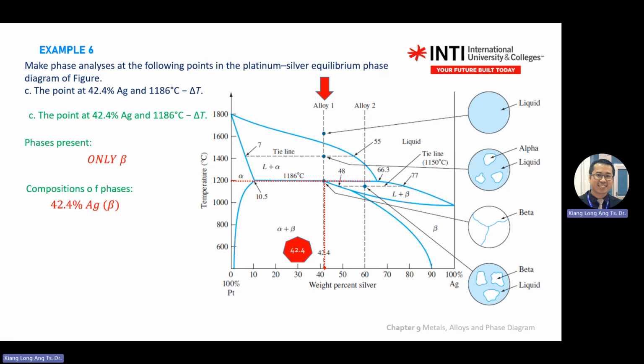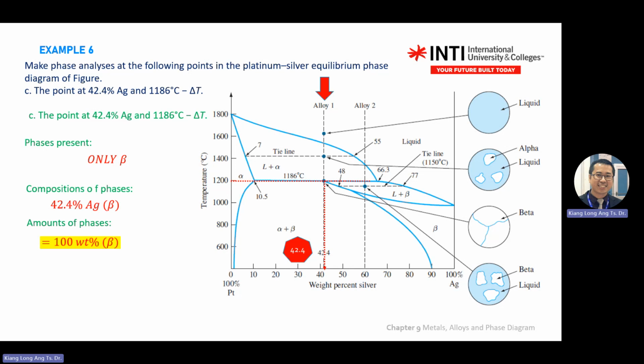If the temperature is just below 1186, around 1185 or 1184, just a little bit of delta temperature, you will be arriving at the peritectic right-hand side, which is beta, a solid. Here you read from the graph 42.4% Ag in beta solid. Amount of phases: 100% beta.